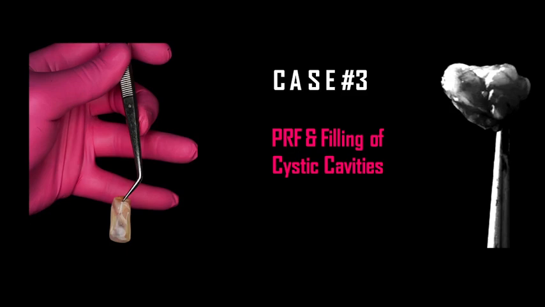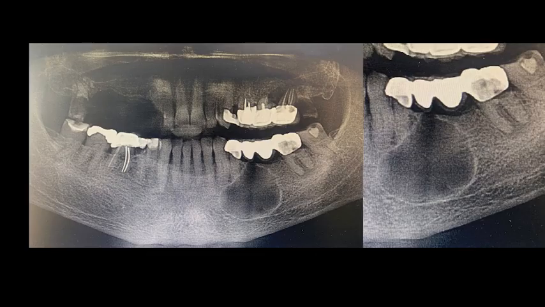I will talk about case number 3, which is PRF and filling of a cystic cavity. First of all, the patient was reported to our clinic suffering from pain in the lower left mandible.